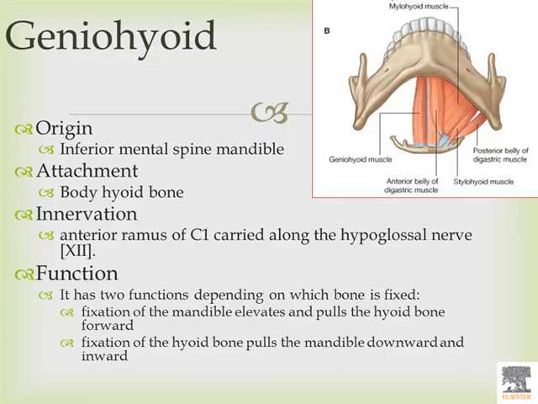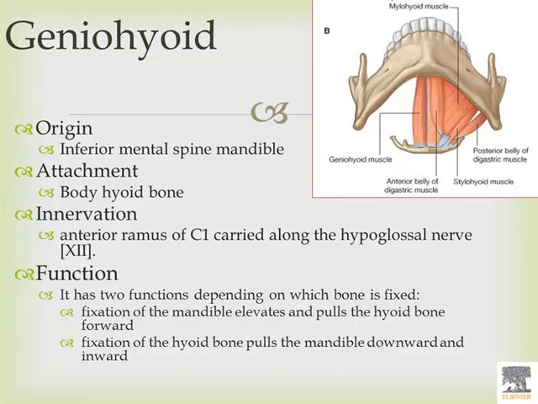As for the function, it will function in two different ways depending on which bone is fixed. Now, the geniohyoid is attached to two bones. One of them is the mandible, the other one is the hyoid. So if it fixes the mandible, it will move the other bone, which is the hyoid. If it fixes the hyoid, it will move the mandible.